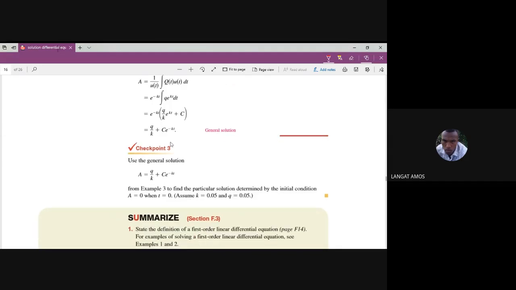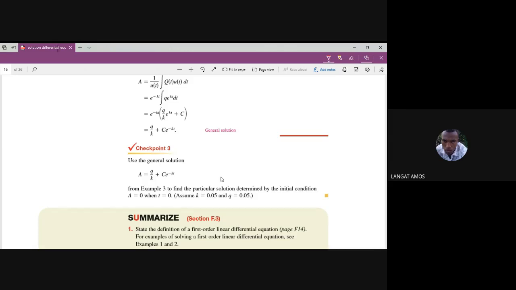Before we end there, attempt this one in your own time. A equals Q over k plus c e^(-kt), this is the general solution for example 3. Now find the particular solution. Remember that a particular solution is different from a general solution.